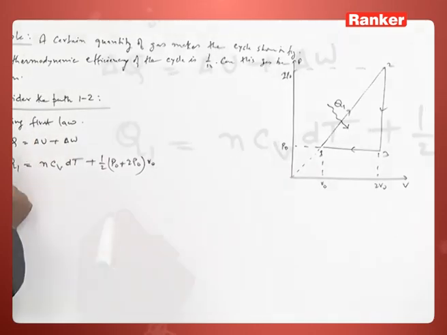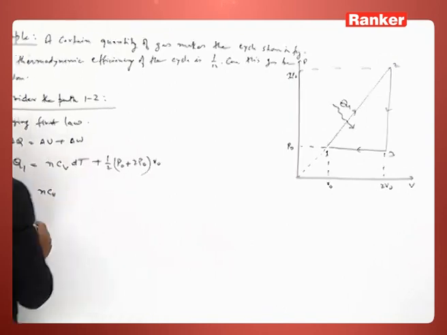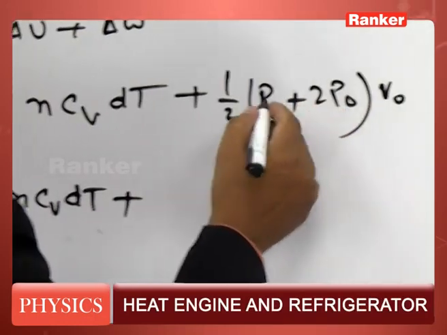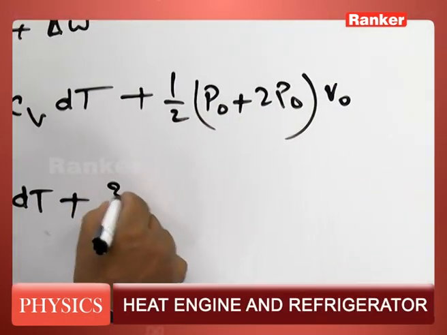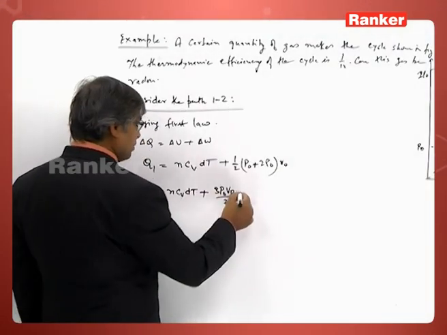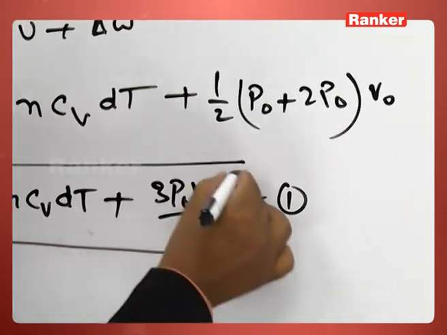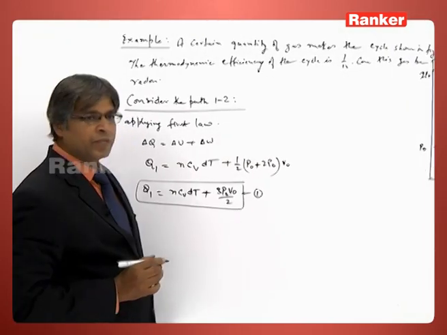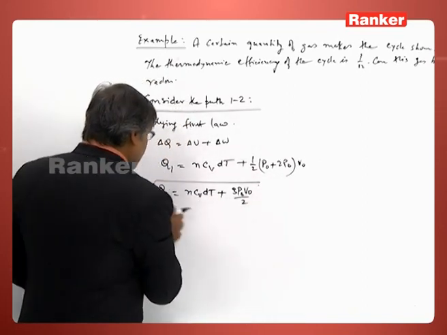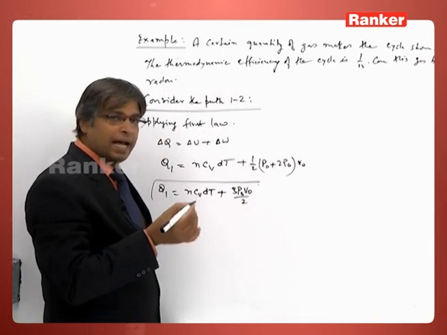So we have Q1 equal to n CV dT plus, 3 P naught V naught by 2. This is equation number 1. So I got Q1 as n CV dT plus 3 P naught V naught by 2. Now let us further simplify it. I assume that this gas has a degree of freedom f.